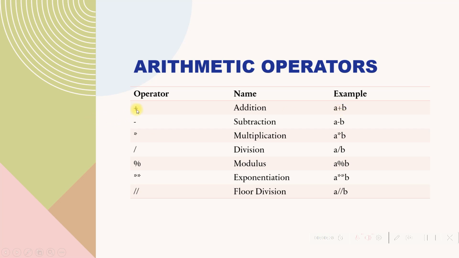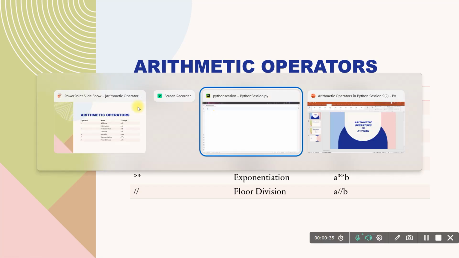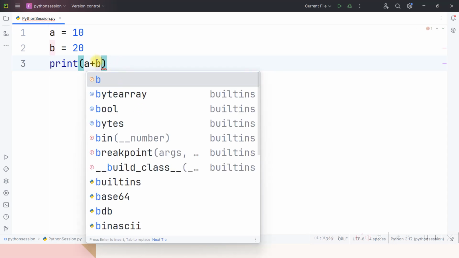So the first operator is the addition operator, and we denote it with the plus sign. Now let's go to PyCharm and see how we can use the addition operator. I'll declare two variables a and b, and then inside the print function I'll apply the arithmetic operator between a and b operands.